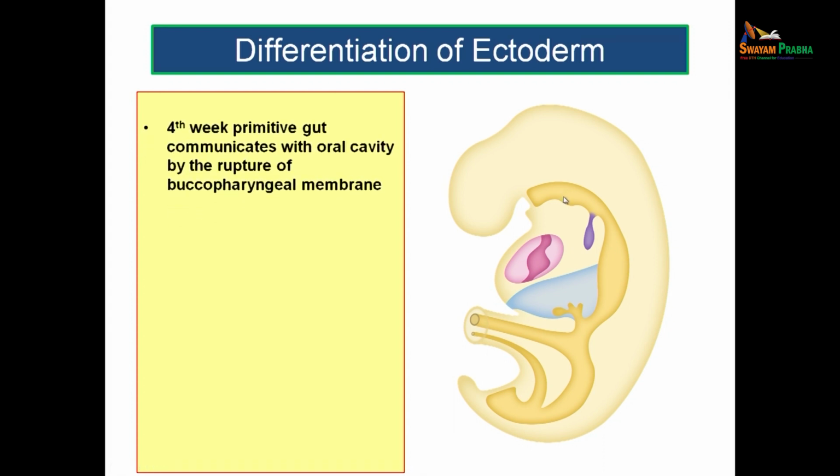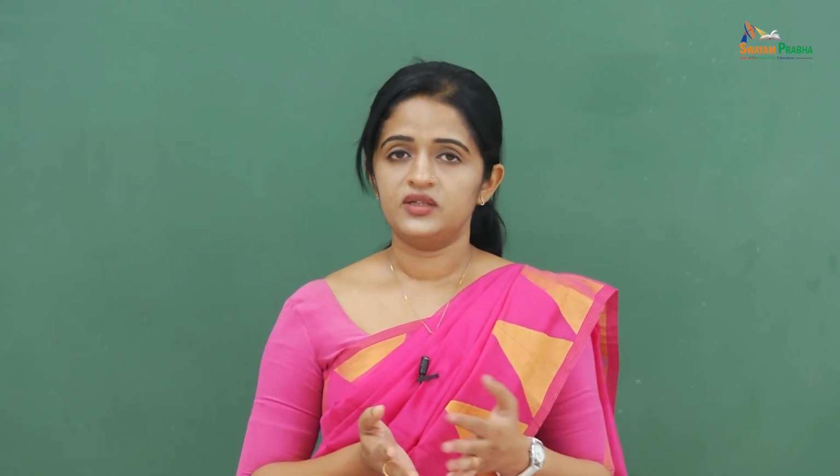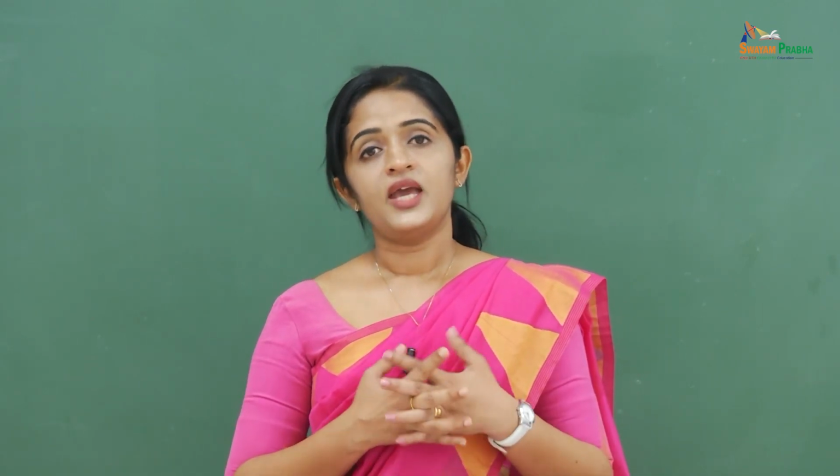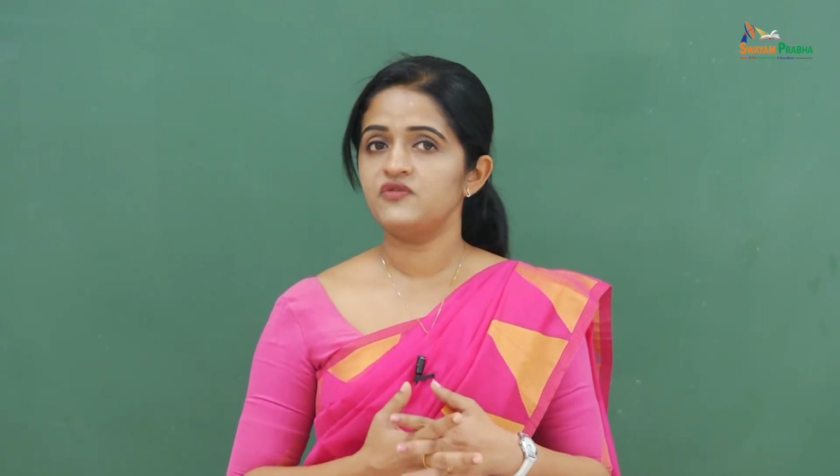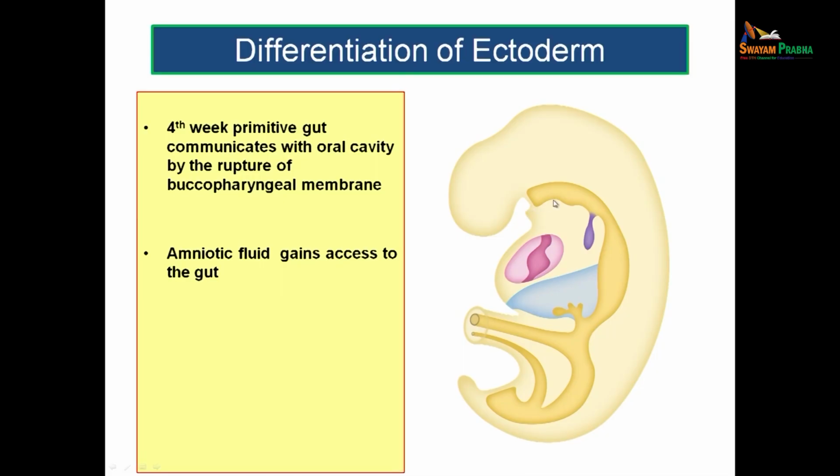Now, in the 4th week, the primitive gut will be communicating with the oral cavity by the rupture of the buccopharyngeal membrane. So why do you want a perforation of the buccopharyngeal membrane during the 4th week of intrauterine period? The reason is you have the amniotic cavity surrounding the embryo. The amniotic cavity is having nourishing fluid. So if this buccopharyngeal membrane ruptures, what will happen?